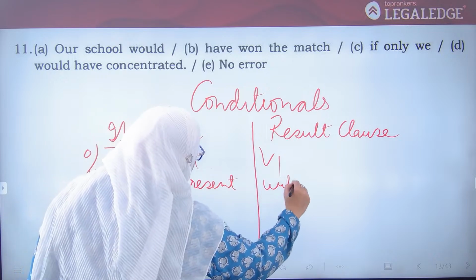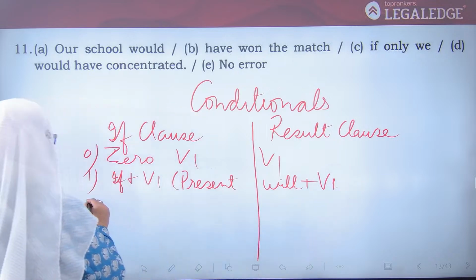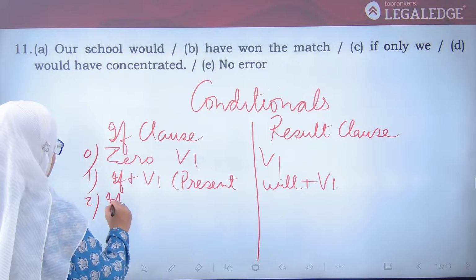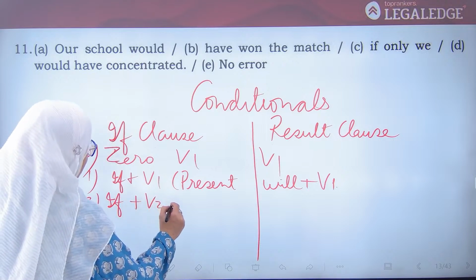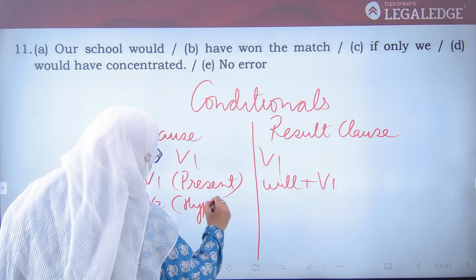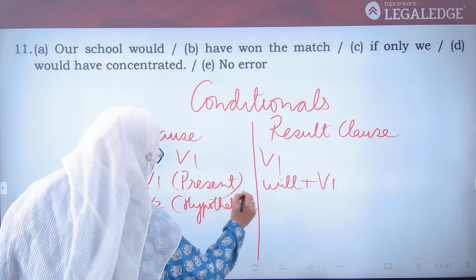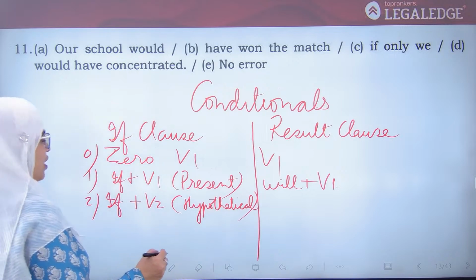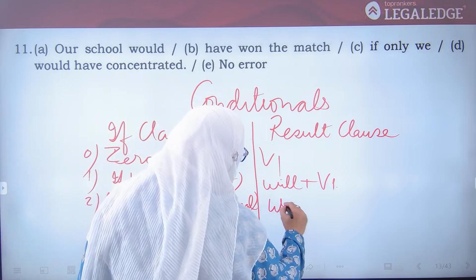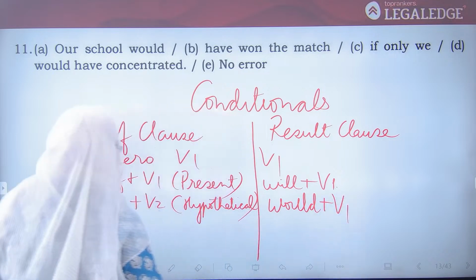It will result in will plus the first form of the verb. Then second condition, which is hypothetical: if plus verb second form. This is a hypothetical condition. It has got nothing to do with the realistic situation. If plus verb second form will result in would plus the first form of the verb.